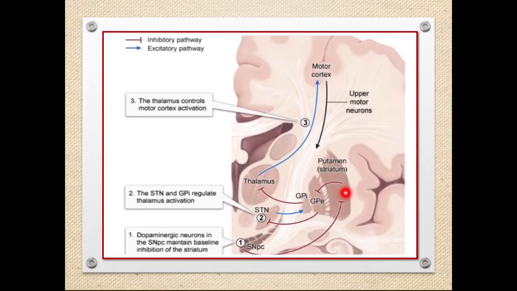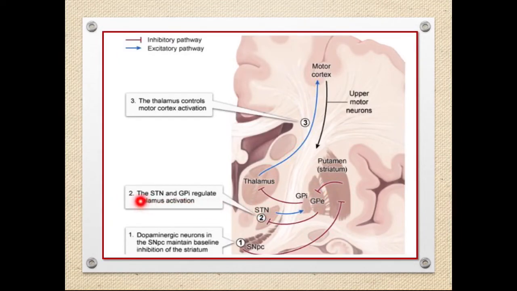The red line is inhibitory. From the striatum it goes to the globus pallidus externus, and if it is going via the globus pallidus externus, this is the indirect, it will go to the subthalamic nucleus. Subthalamic nucleus, this blue line is excitatory pathway, it will go to the globus pallidus internus. Or via the direct pathway from the striatum it goes to the globus pallidus internus.